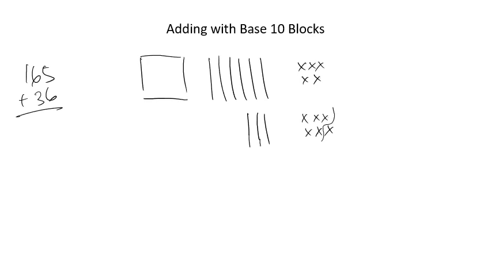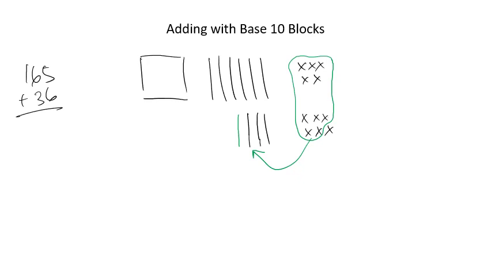I'm actually going to do that in a different color so we can see what's going on. So I'm going to do this in a dark green here. So I'm going to do all of these together, and they will group and make another 1. Just like that. And now I've got this 1 left over, and it doesn't do anything. It's not going to group with anybody, so it's just going to be left.